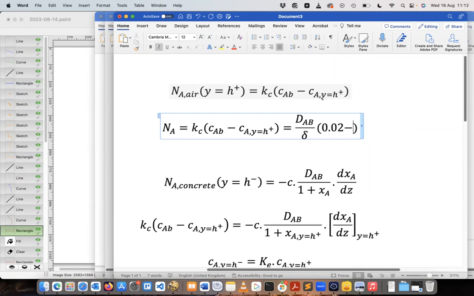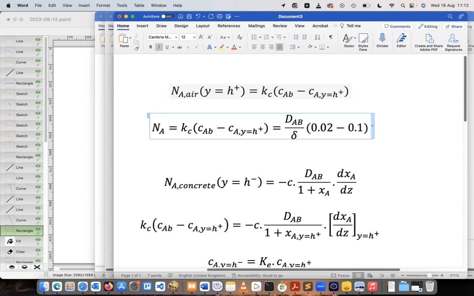We are simply told that the mole fraction of water in the concrete initially is not 0.0, it's 0.1, right? It's 10% of the concrete is water. Now that's in the concrete, and we have to be careful here. This is referring to the air.